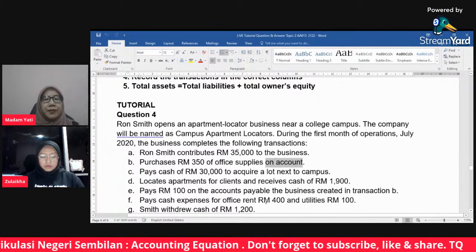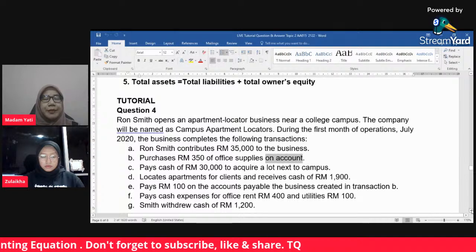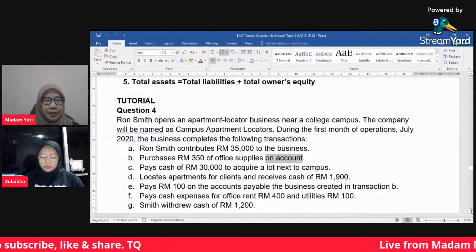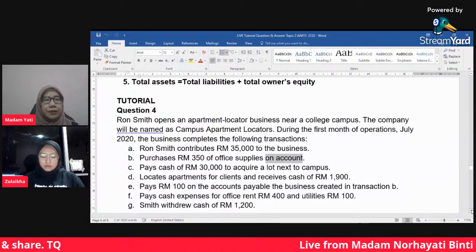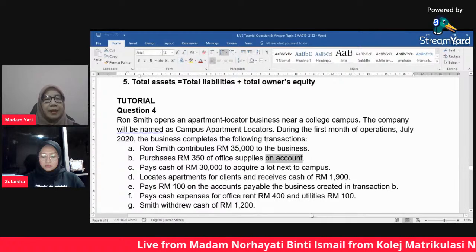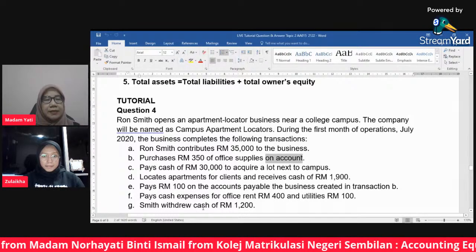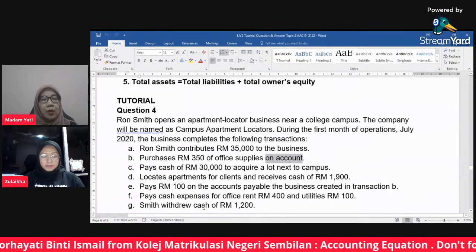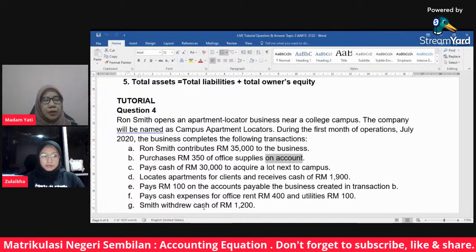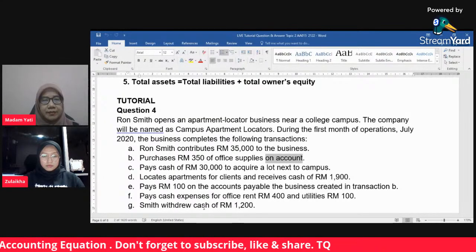So the total is 500. G, Smith withdrew cash. Okay, ingat ya, withdrew ni term. Term dia maksudnya ambilan. So the owner withdrew cash from the business. So it means that the cash in the business decrease, and at the same time the owner's equity, iaitu drawing, kita put the column drawing, so the owner's equity also decrease 1,000.